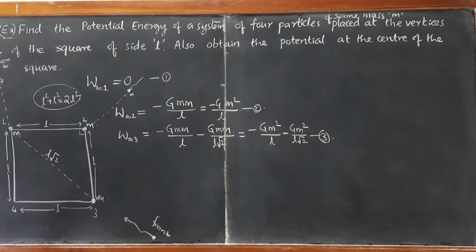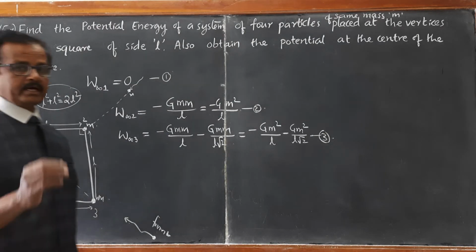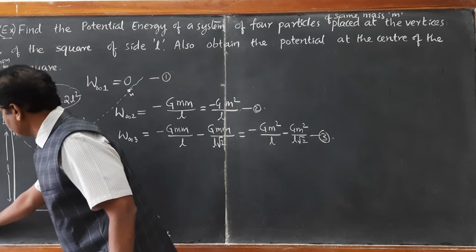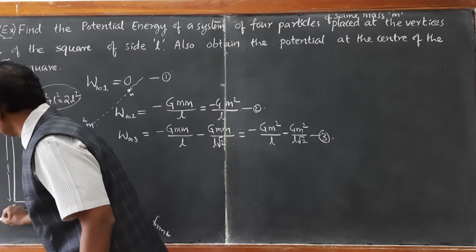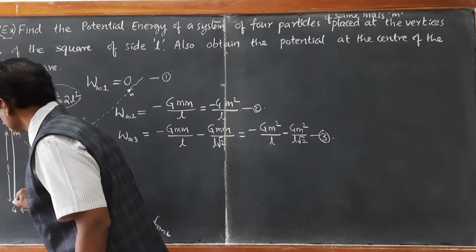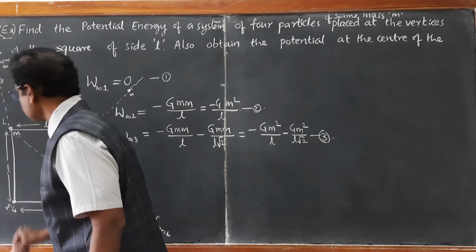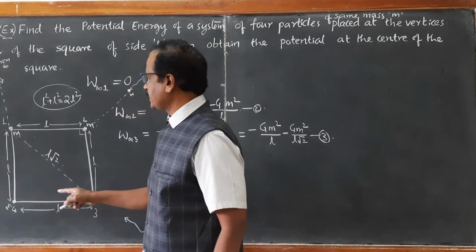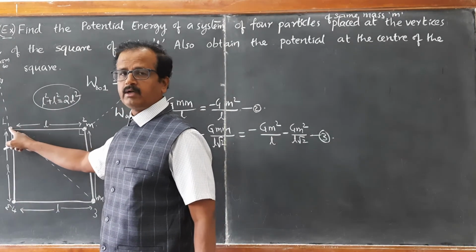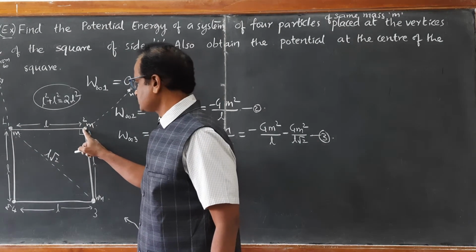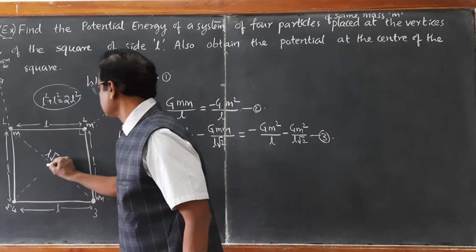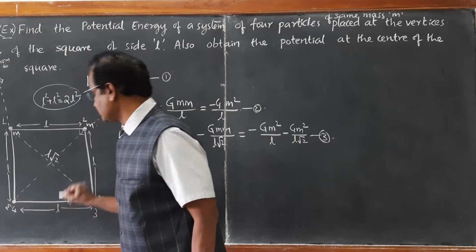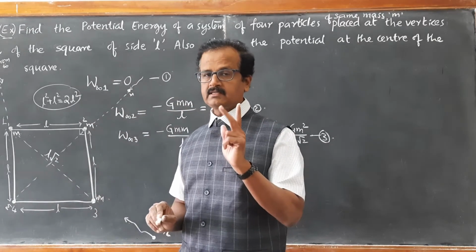Now we are bringing the fourth particle. As I said earlier, we are bringing the masses one by one. Now I am bringing the fourth particle from infinity, another infinity from here, and placing it here. Now this fourth mass, which is also the same mass, is finding the interaction with the mass at 1, the interaction with the mass at 2 with this distance, and the interaction with the mass at 3 with this distance L. So there are three terms here.